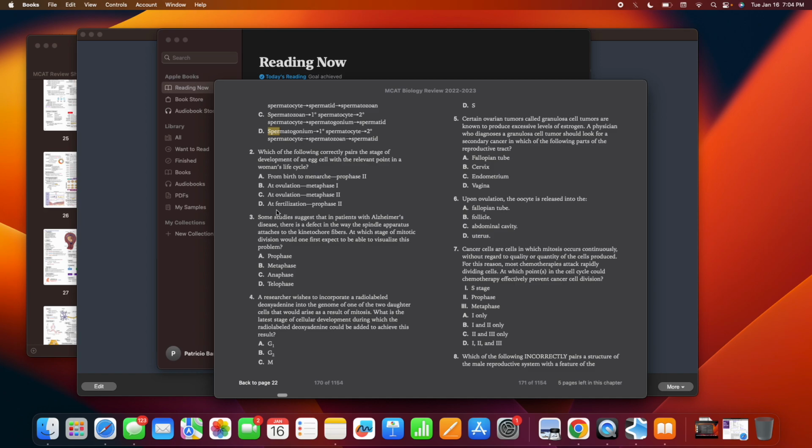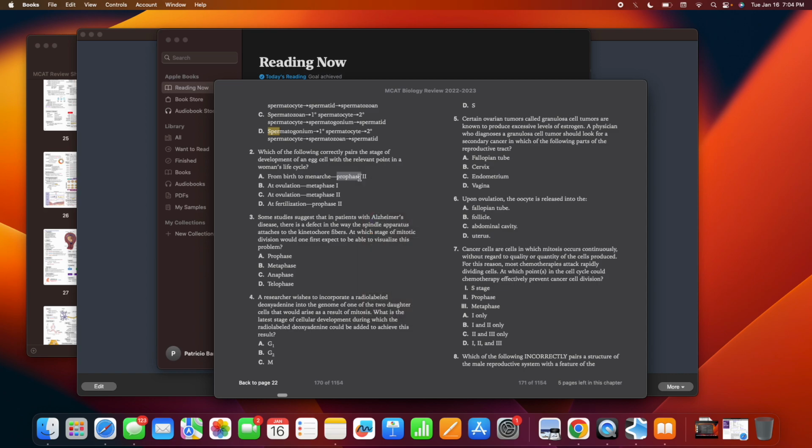Then fertilization is when the sperm meets the egg. So from birth to menarche is prophase 2. So we have PMAT during the first stage.